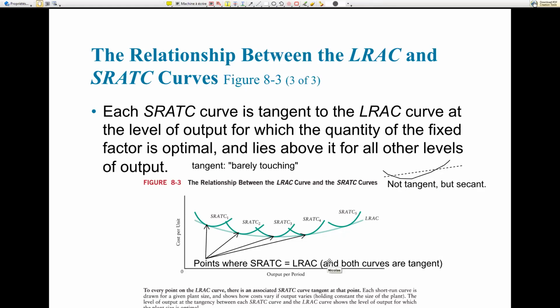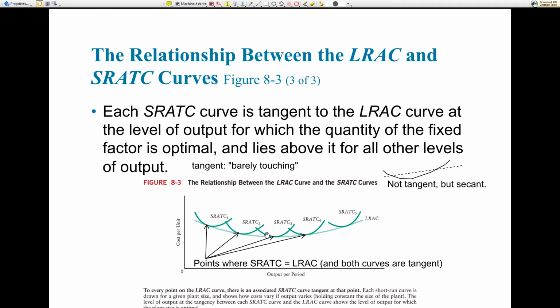Yeah. And why is it that it's the point where the quantity of the fixed factor is optimal? Well, as I was saying, imagine that I decided to produce 1,000. Then it means that I'm at this point at the long run average cost curve. And of course, I've decided to choose the optimal number of workers to work with the specific number of machines.